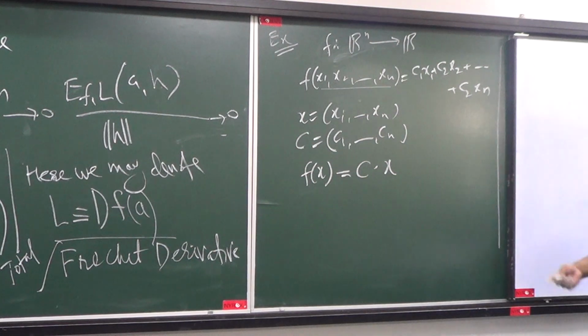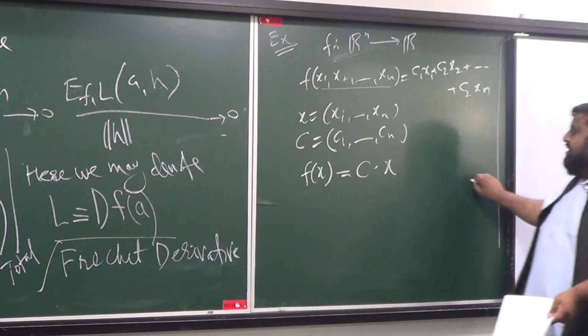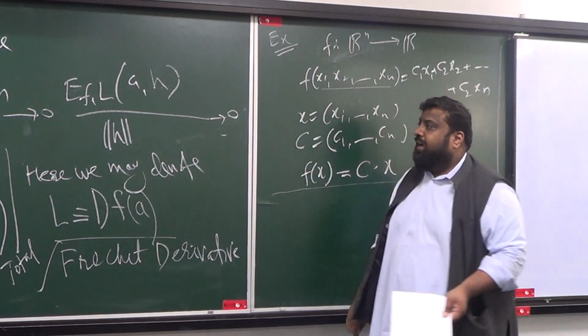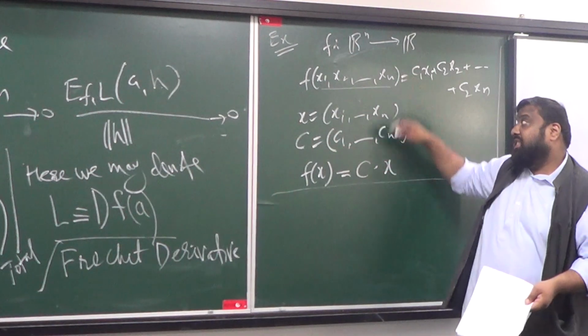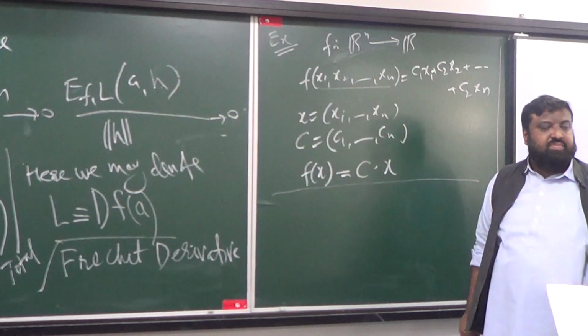So c dotted with x. That's the meaning of it. So what is our objective? We would like to compute the Frechet derivative of such a linear map.